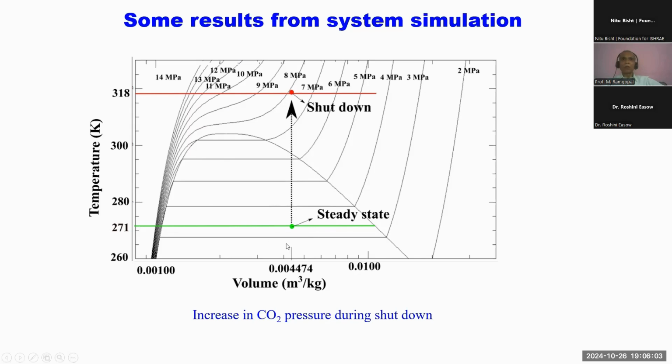If I am designing the loop for 30 bar, then the loop will fail when the system is switched off, because the actual standstill pressure is much higher. So this is a major problem with carbon dioxide based systems, because when the system is off, the pressure can shoot up. There are many ways by which this pressure shoot up can be taken care of, like using expansion tanks, etc. Okay. But this is something we need to keep in mind.